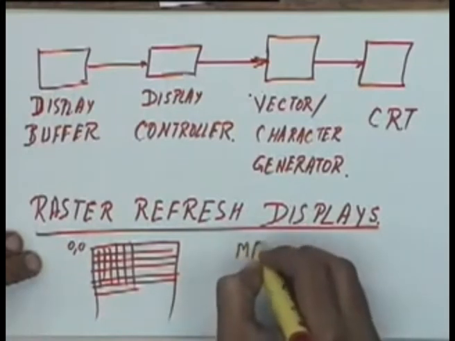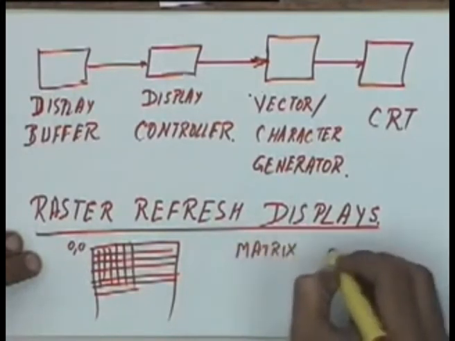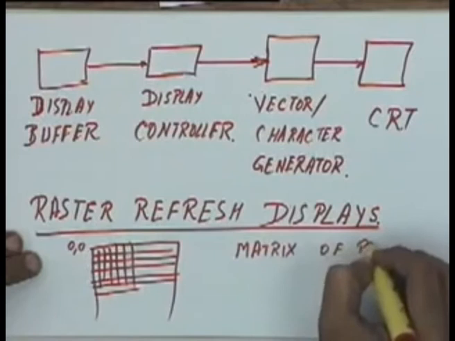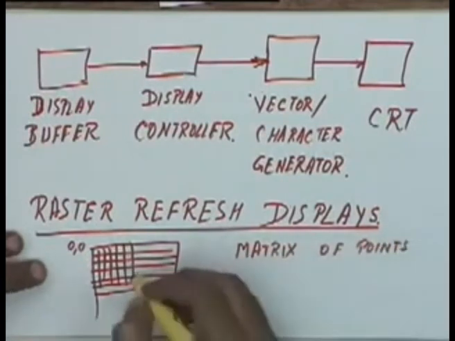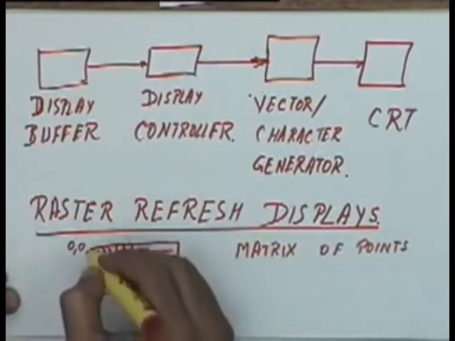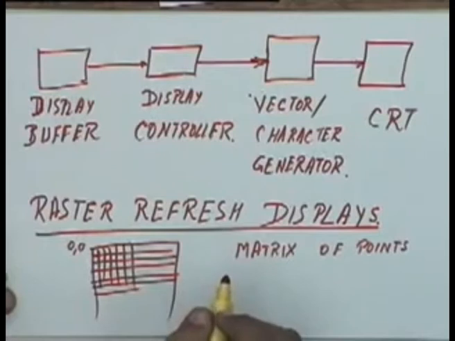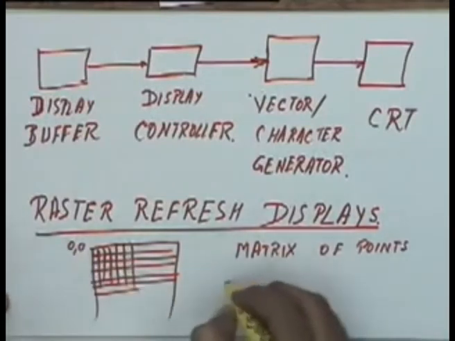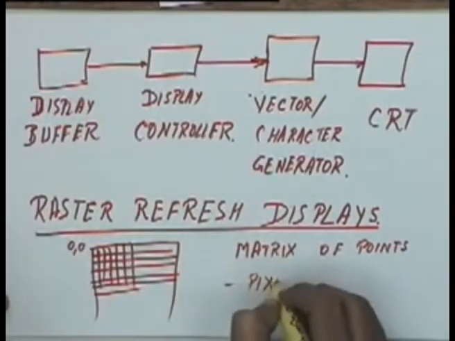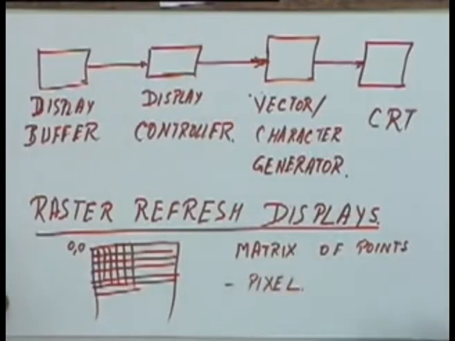In this matrix of points, each of these squares can be addressed as a particular dot, and this is also referred to as a pixel.